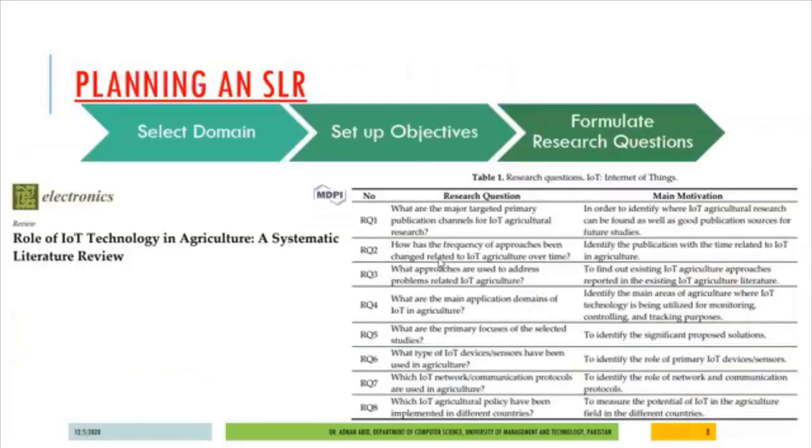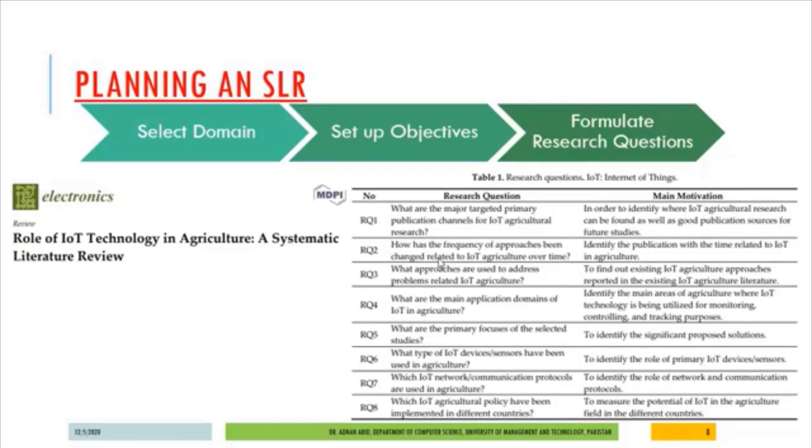Let's start with the planning part. So in planning, we select the domain, we set up objectives, and we formulate research questions. And obviously, I have already mentioned that we need to assure that there is a need for writing such a survey, and there is no existing survey already published with good quality outcomes.